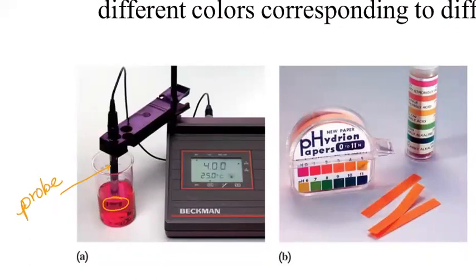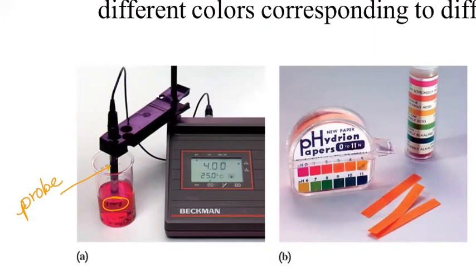Then you can dip the probe in your solution, and once that end of the probe touches the liquid, the screen will tell you the pH of the solution. So in this solution in the beaker, because it has a pH of 4, is it acidic, basic, or neutral? Let's put it in the chat. Great job. It's acidic because the pH is 4.